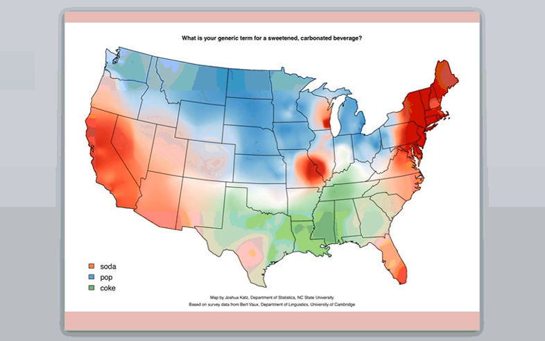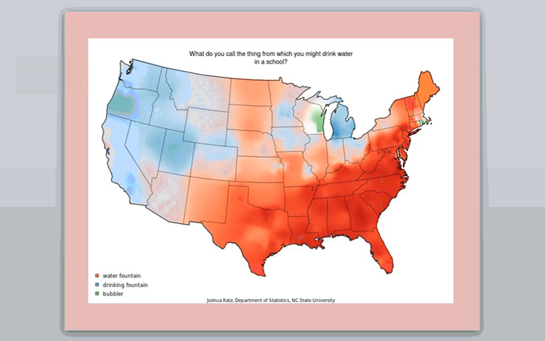If we look beyond organisms, we can even see this with the generic term for a sweet and carbonated beverage. Here in Missouri, we're kind of split. Some people call it soda. Some people call it pop. Same thing with what you call the thing from which you might get a drink of water in school.